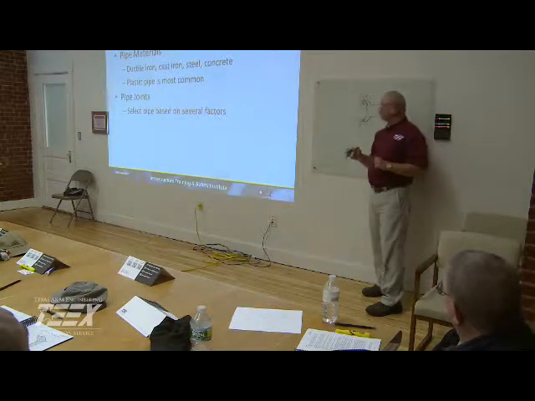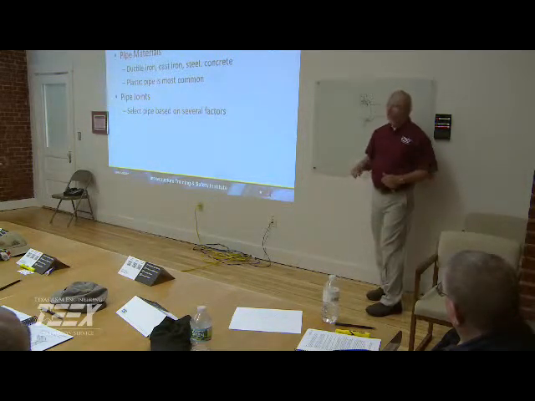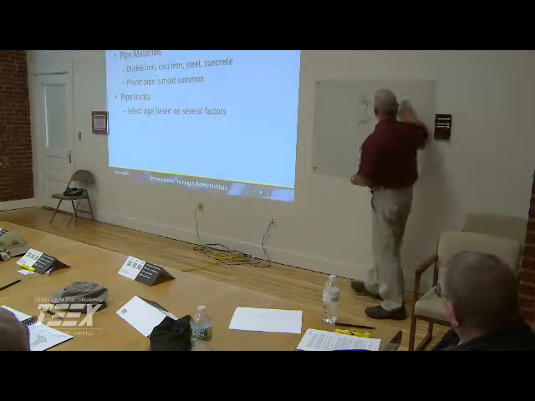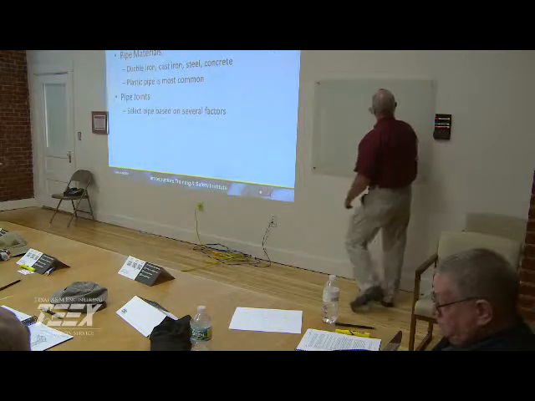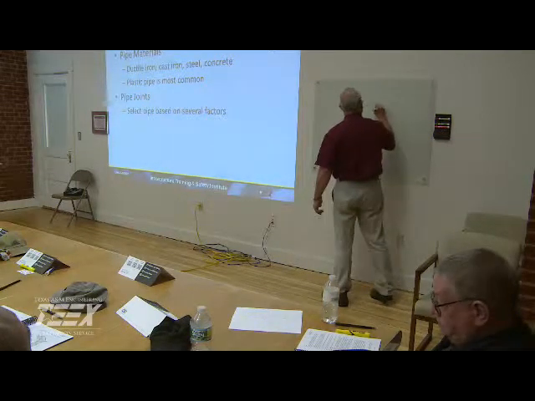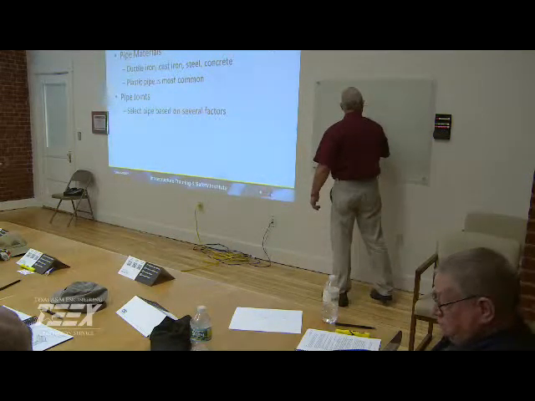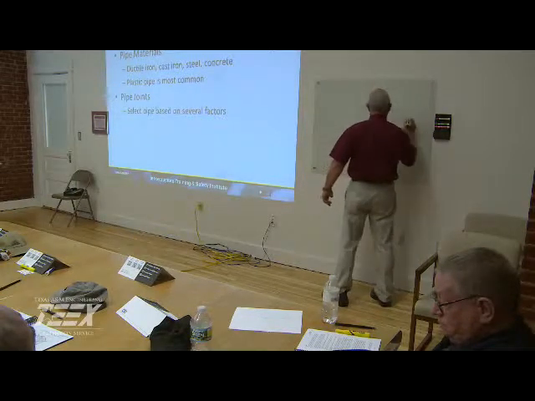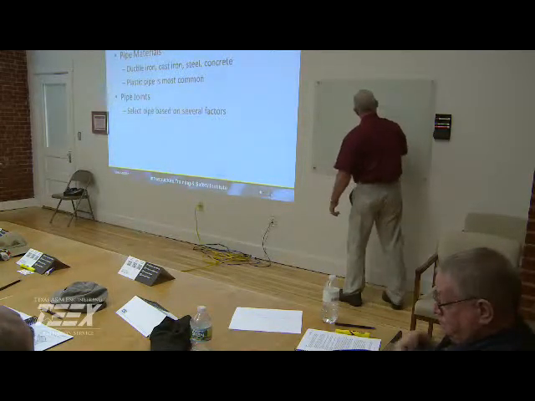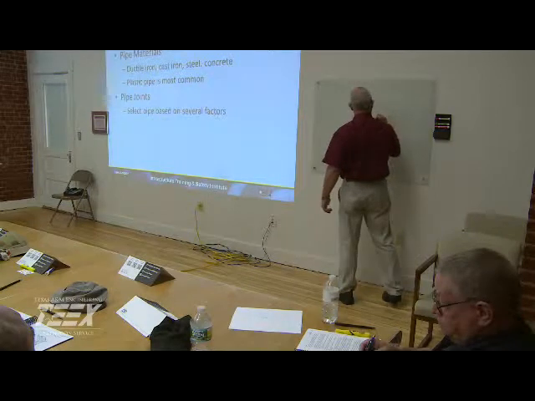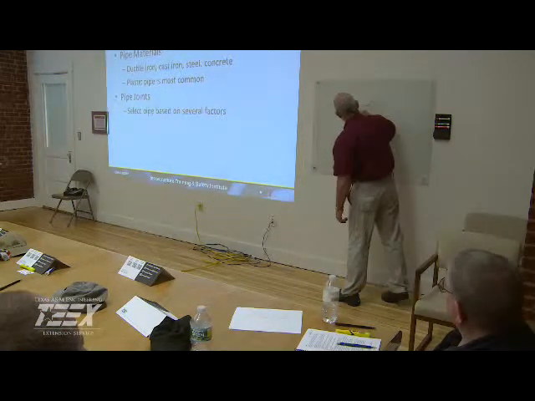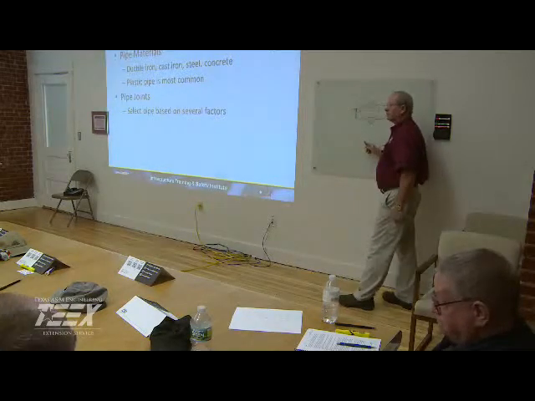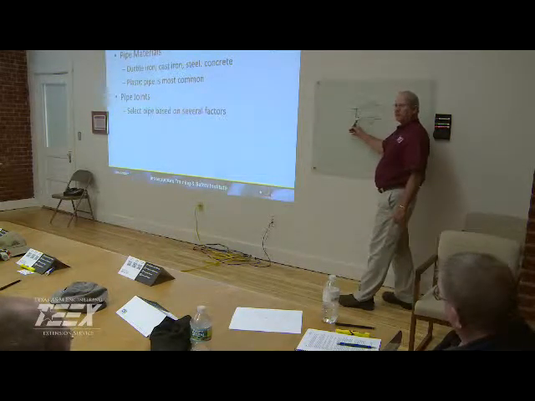Then we have push on. Push on is real common, and a push on is where we have an O-ring, okay? And we have an O-ring in here. And the barrel comes in, the O-ring seats. Now on the pipe, a lot of times you'll see a black ring. Have y'all ever seen that black ring on the end of plastic pipe or PVC?